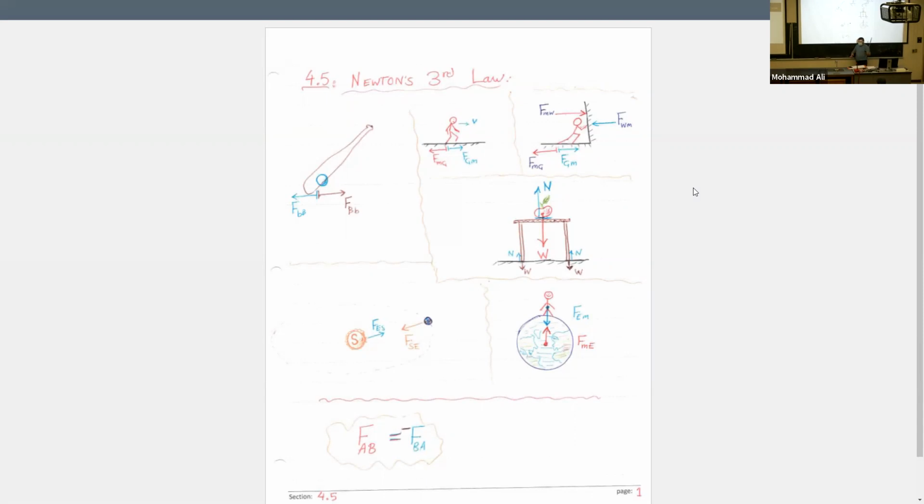If I have your hand and we are pulling each other, you pulling me and I'm pulling you with the same force. But if you are stronger than me and you pull me with more force, then our net force will not be zero. We don't have balance.